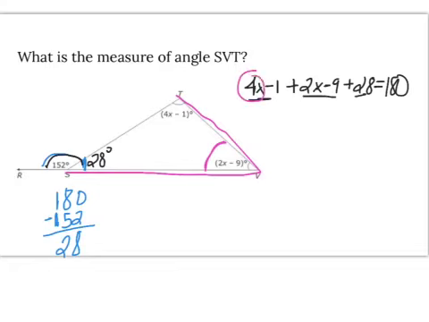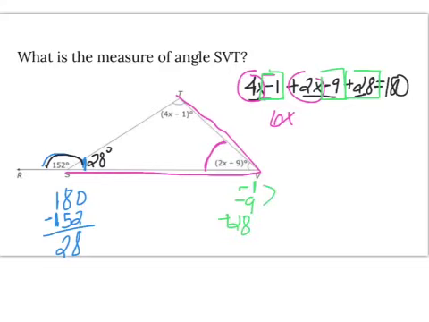I have a positive 4x and a positive 2x, so that gives me 6x. I have a negative 1, a negative 9, and a positive 28.